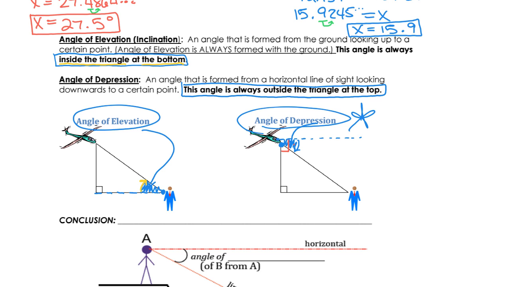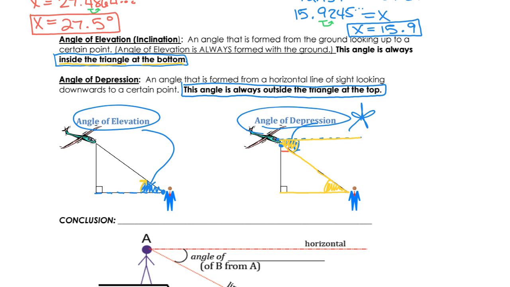Or what you can realize is that we have our Z shape going on, that the line of sight from the pilot and the line of sight from the man are parallel lines cut by a transversal, and we can take this angle of depression and actually put it inside of our triangle at the bottom because those are alternate interior angles, and alternate interior angles are congruent, and now we have that angle inside, and you can keep the same measure of it instead of subtracting it from 90.